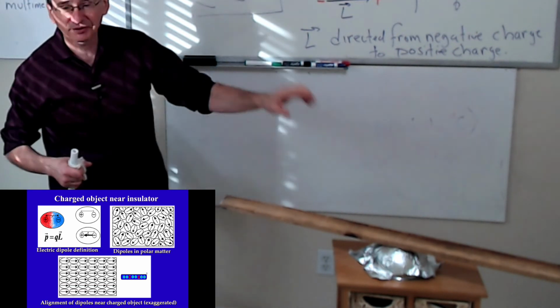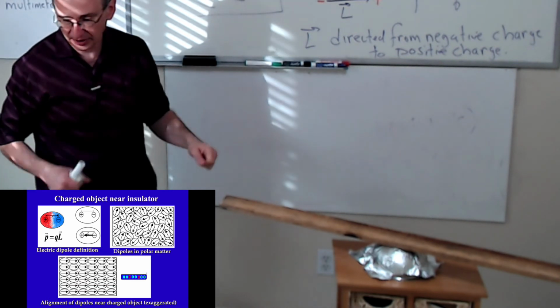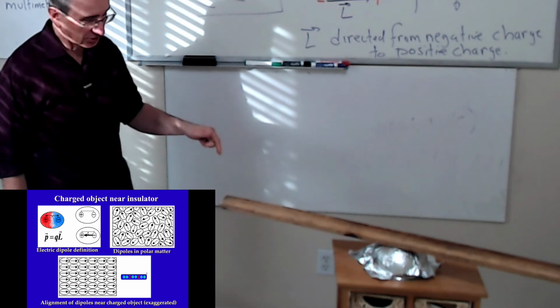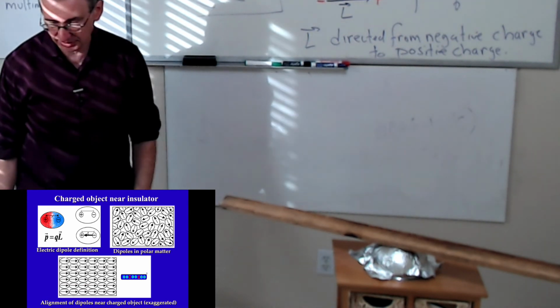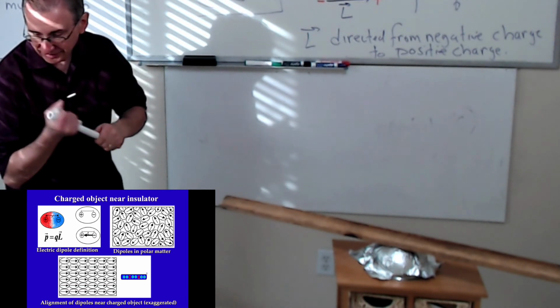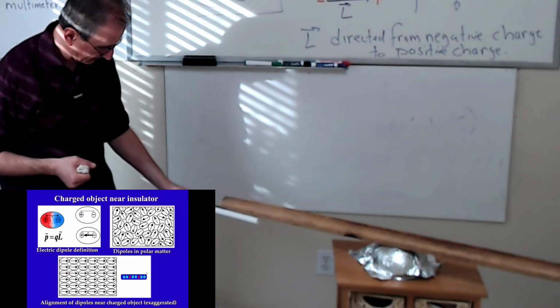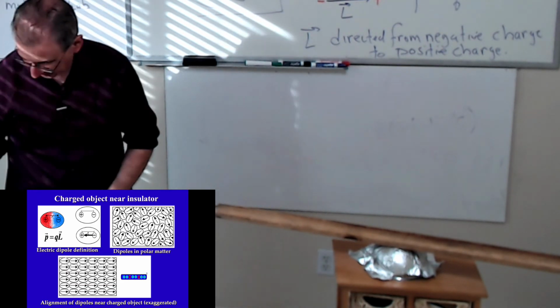Even when I have an insulator, if I bring something charged near the insulator, it will be attracted to that charged object. That's always the case. Let me see if I can get it to go back. Okay, it rotates a little bit.